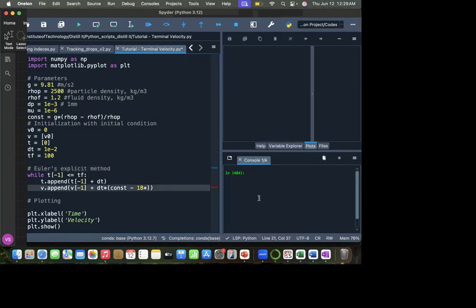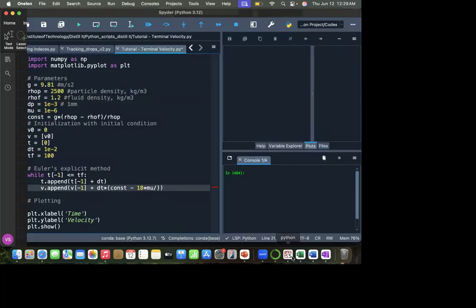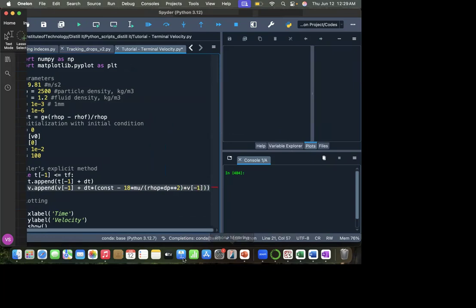So 18 mu upon rho p times dp squared, and this times the velocity at the previous iteration, so v i, right?